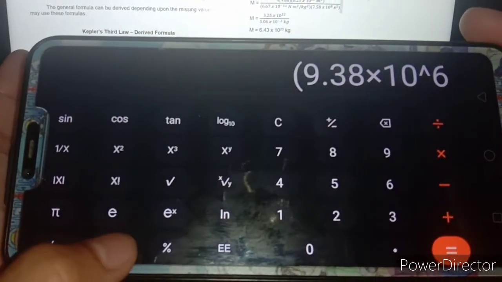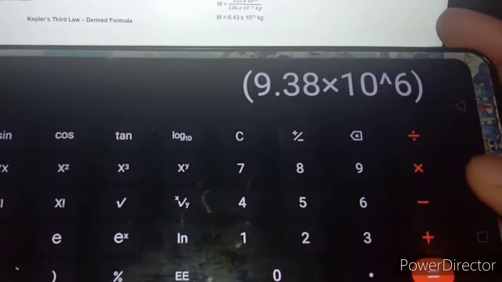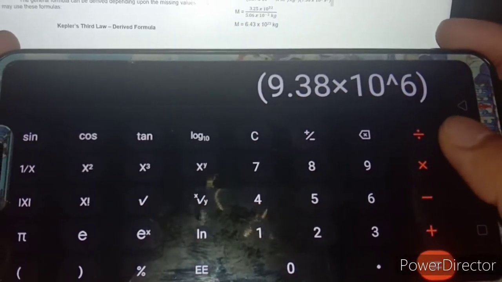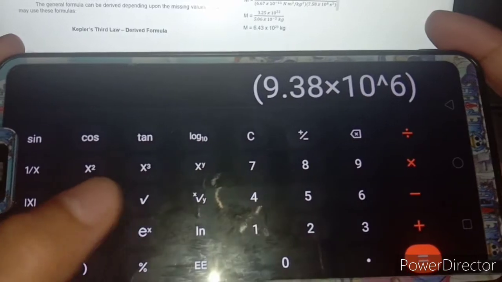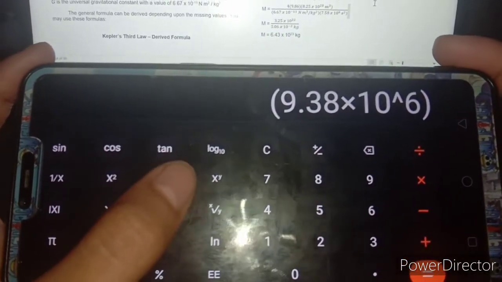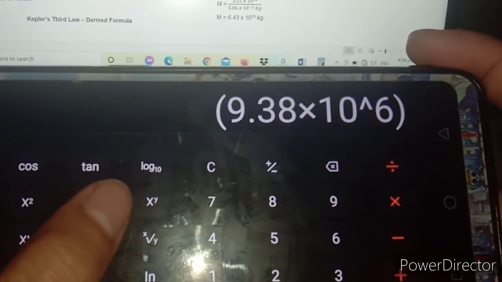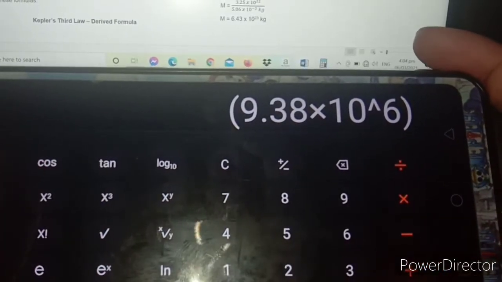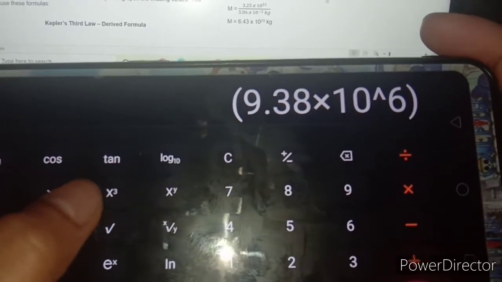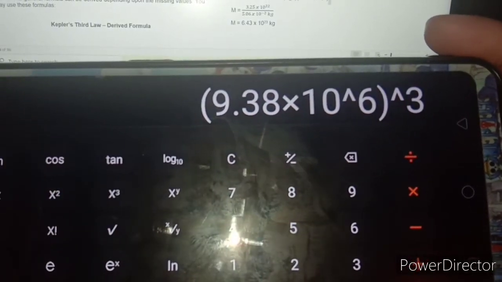And then, close parenthesis. And then, since we're going for the cube of this given value, so ang gagawin naman natin is pwede nyo nang i-direct na x cube siya. Okay? Instead of typing x raised to y and then tsaka nyo pipindutin yung 3. So, since meron naman tayong shortcut which is x cube na mismo, so pwede natin siyang i-click directly.